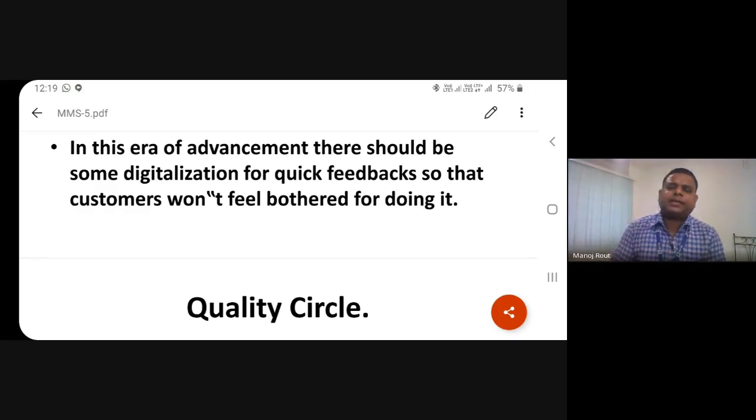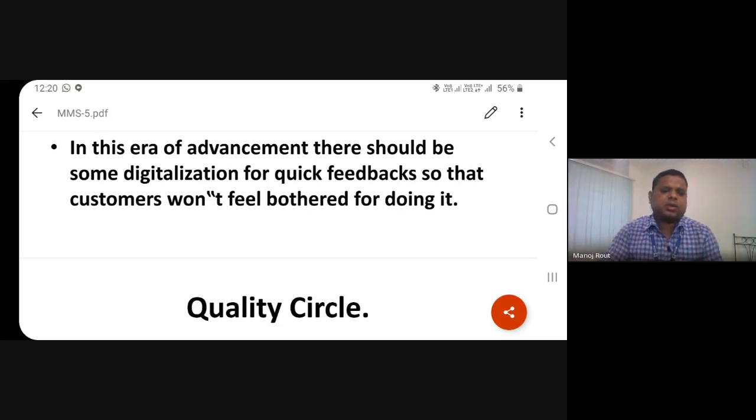That is why they recently launched, in the past 2 to 3 years, an app, and that app provides quick feedback. There is no bother of giving feedback for different customers.